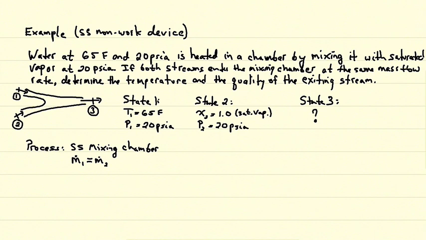For example, we're told right here that the two flows have the same mass flow rate. So m.1 is equal to m.2. That's where that comes from.